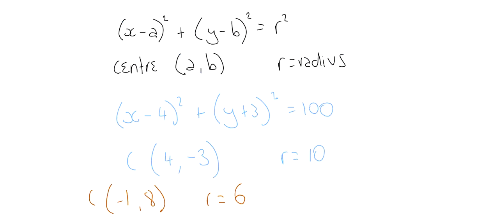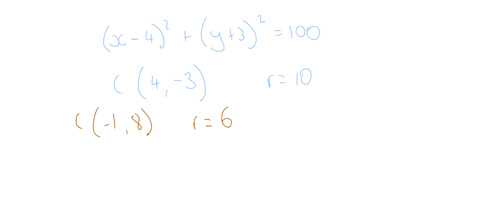It's something squared plus something squared equals something squared. All right, so hopefully you got x plus 1 squared and then y minus 8 squared equals 36. I have to square my radius to get that part of my equation.